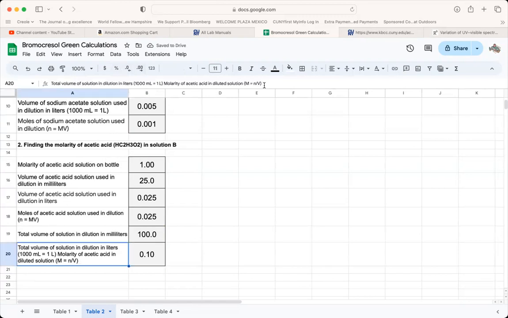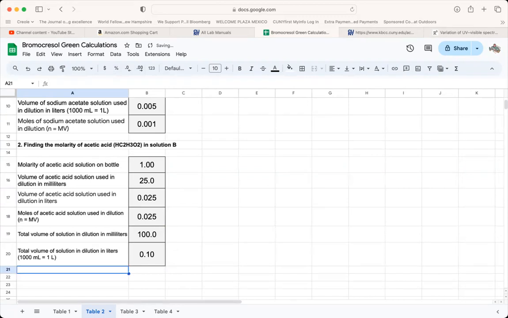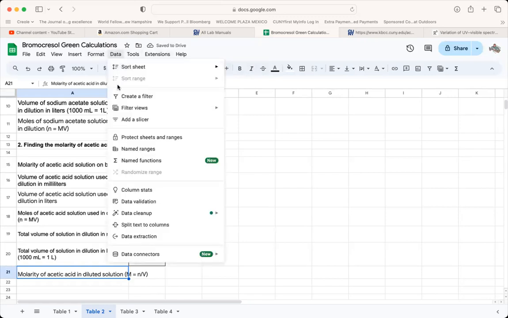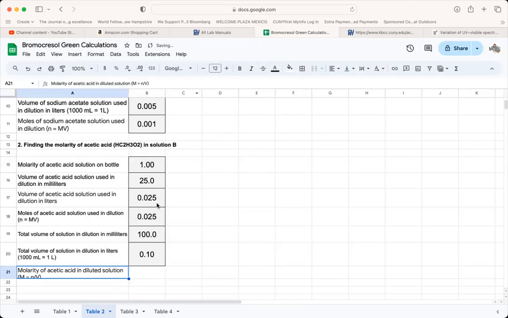Let me make this cell a little bit bigger, and we'll make the text a little bit larger. And then I'm going to have to wrap it. So Format, Wrap. Okay, so let me just wrap that so that we can make it fit in a smaller space.